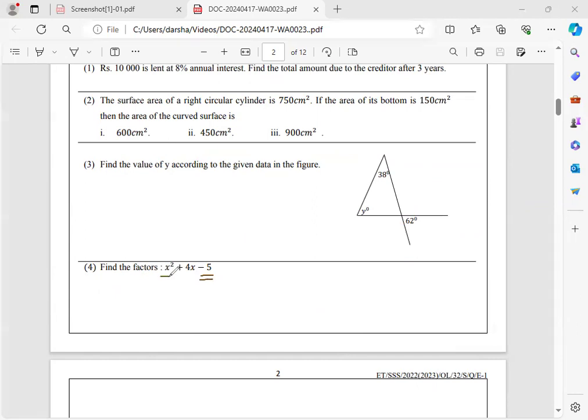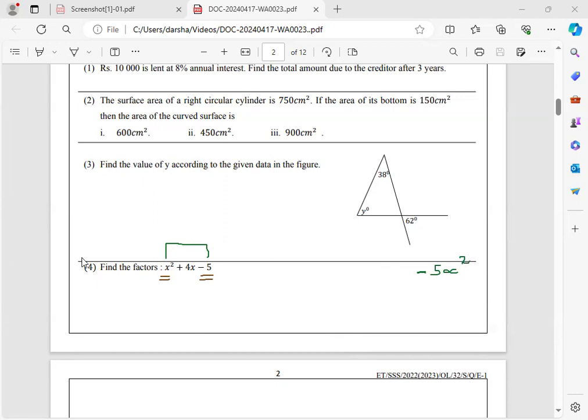This is x squared. So first you have to multiply these two. Minus 5 into x squared. Minus 5 when you multiply by x squared, what will you be getting? Minus 5x squared.